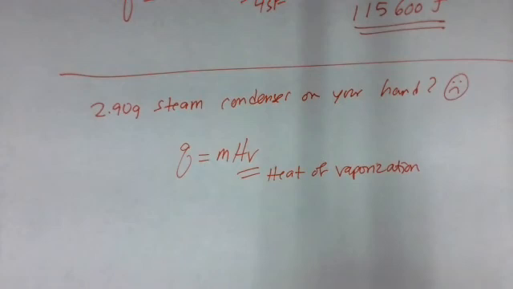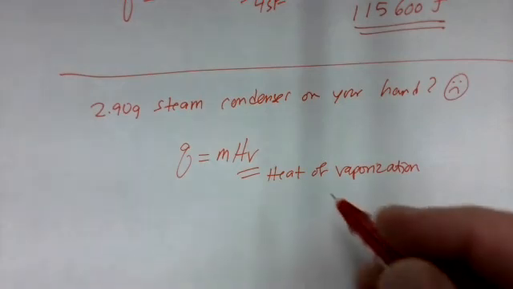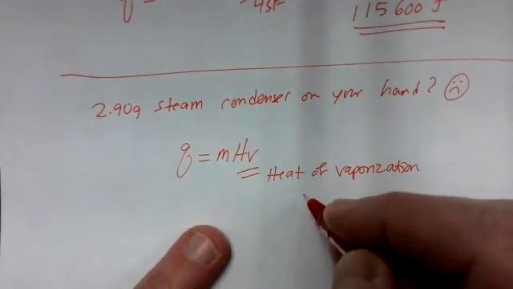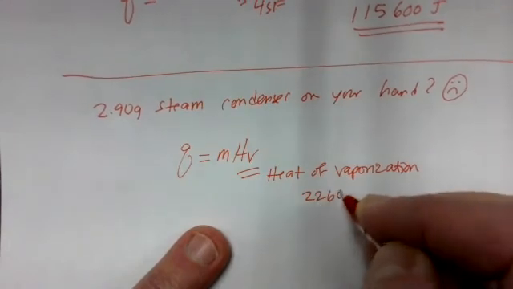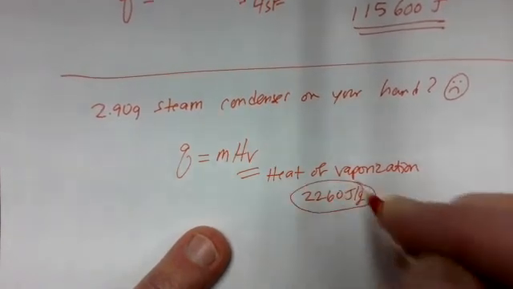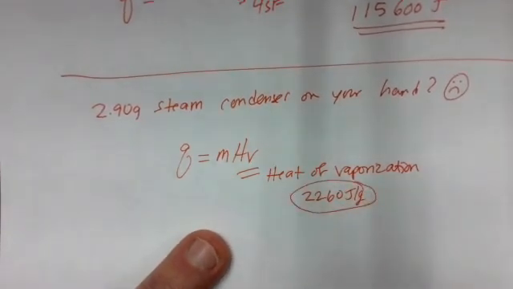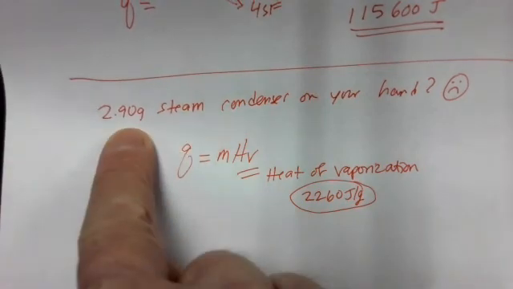For water, this is listed on table B, and the heat of vaporization constant is 2260 joules per gram. This is a constant that's written down for you on the reference table. That means that if 1 gram of steam condenses into water on your finger, you would have this much energy released. Well, we don't have 1 gram, we have this many grams.